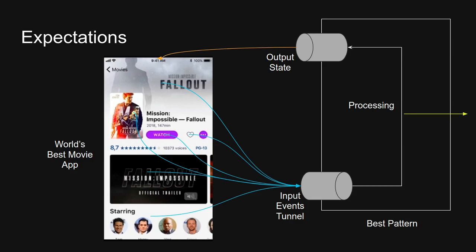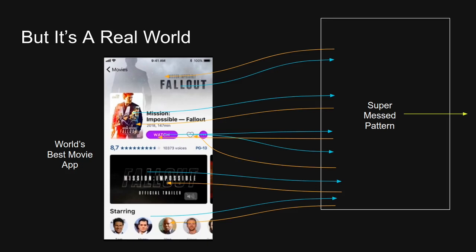So what are the expectations? In an ideal world, we think of an app having only one state at a time, and updating the state only from one output that it's currently observing. But in the real world, it does not happen. As the app grows, the complexity increases, and it becomes really hard to maintain a single state with the previously mentioned patterns.